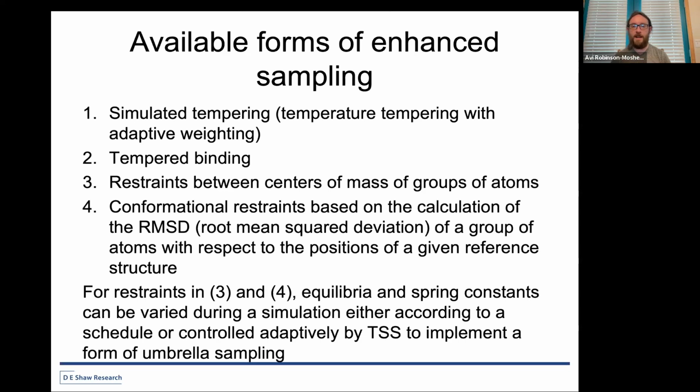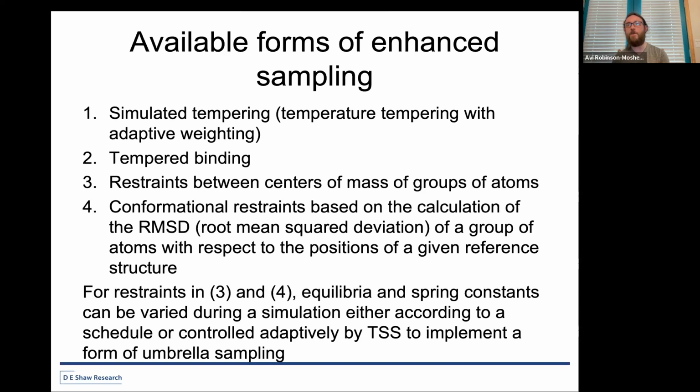You can also set up restraints between centers of masses of groups of atoms with a sort of target equilibrium distance and a relevant force constant. And you can do something similar with restraints based on the RMSD to a reference structure. And for both of these things, the equilibria and the spring constant can be tempered with TSS.